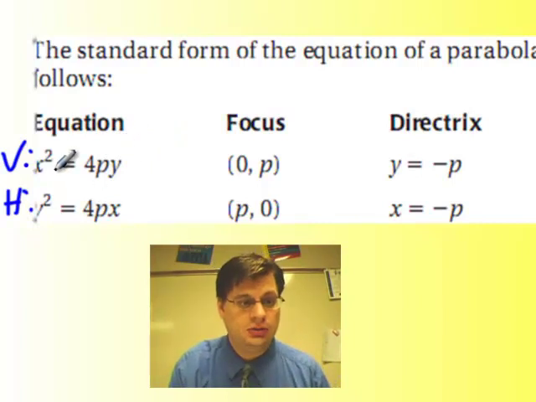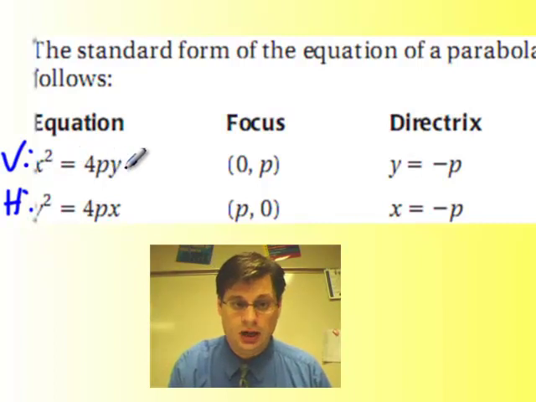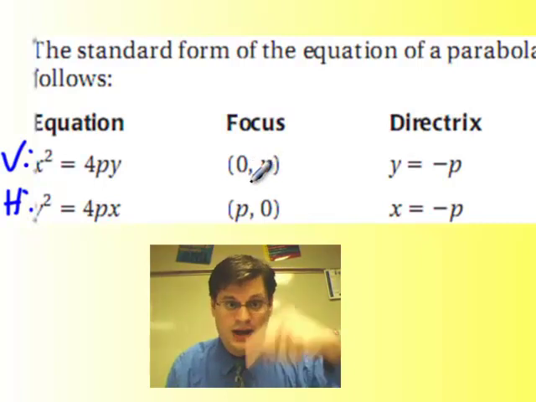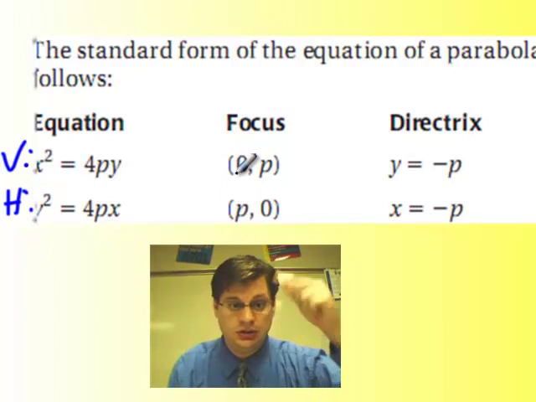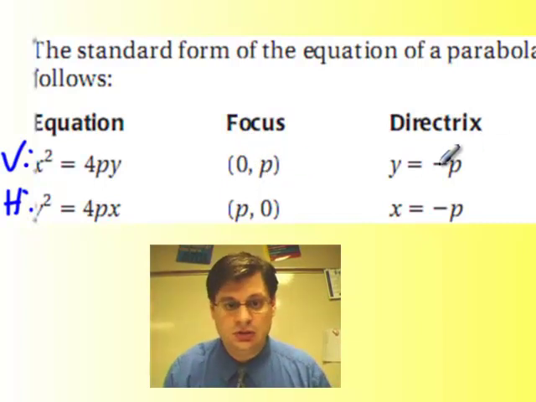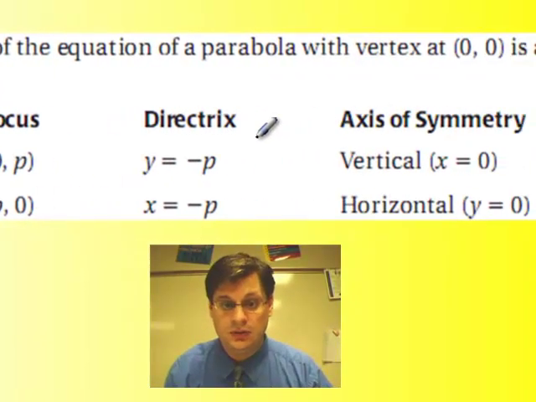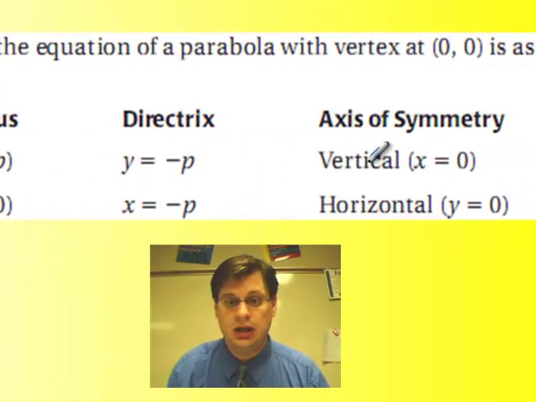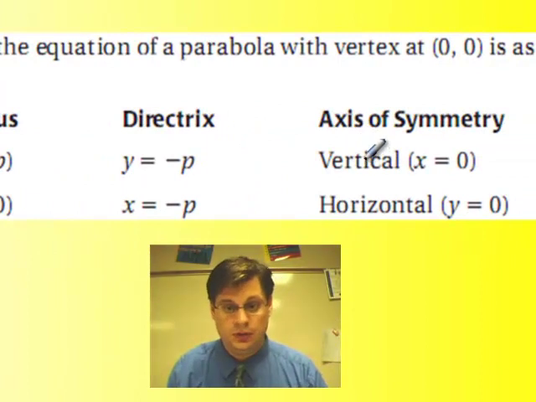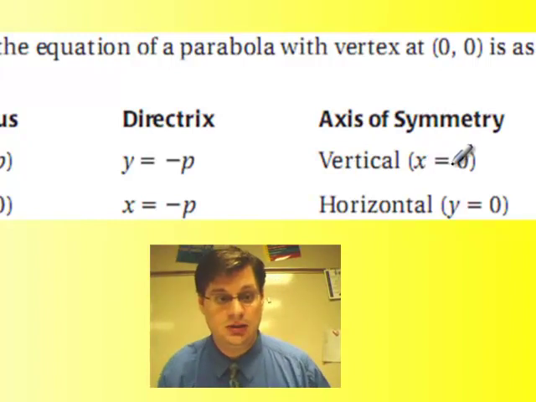So the equation for the verticals is x squared equals 4py. The focus is located at (0, p) because it's on the y-axis, so it's not moving left or right. Again, that's a distance. The directrix is at y equals negative p, so on the other side of the vertex, and the axis of symmetry is going to be vertical. The axis of symmetry is what cuts the parabola in half, and it's located at x equals 0.